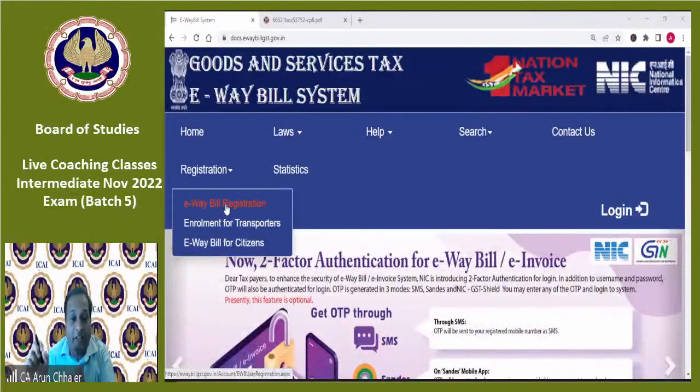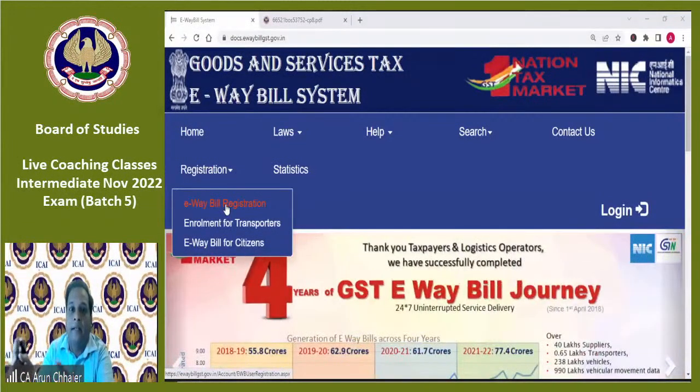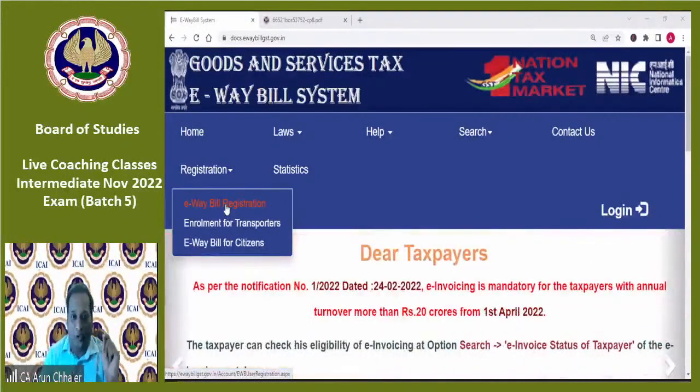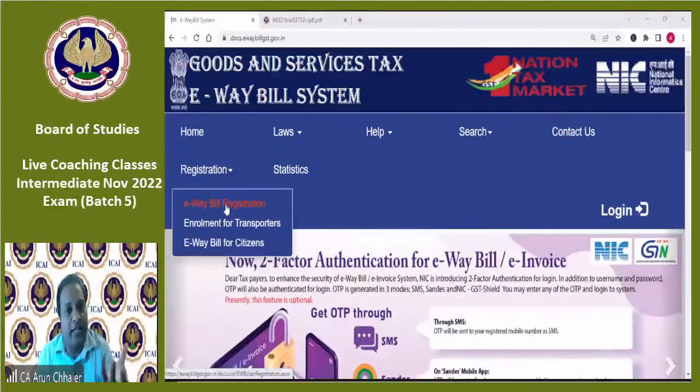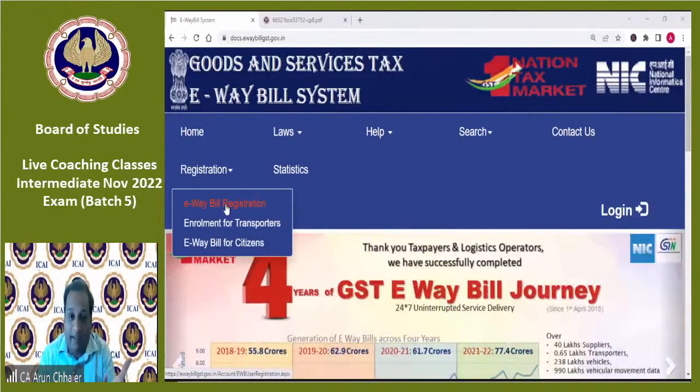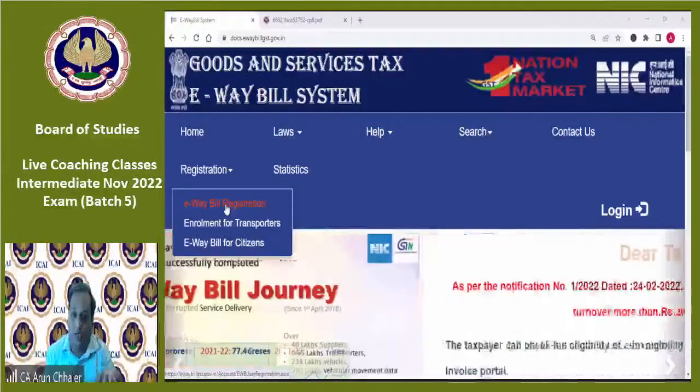What is the benefit for such a transporter? So that they can give the number to their client for the transportation. Suppose Mr. A is a transporter, not registered. Can he do the business? He can. Then how will he give the transporter ID?